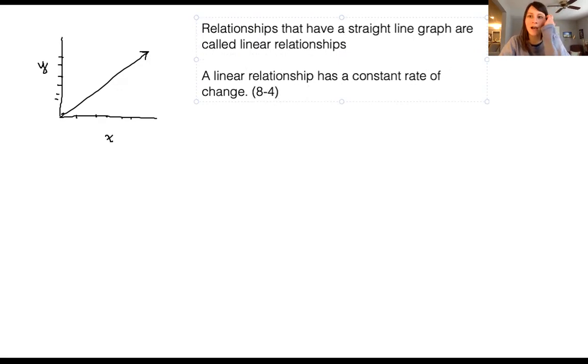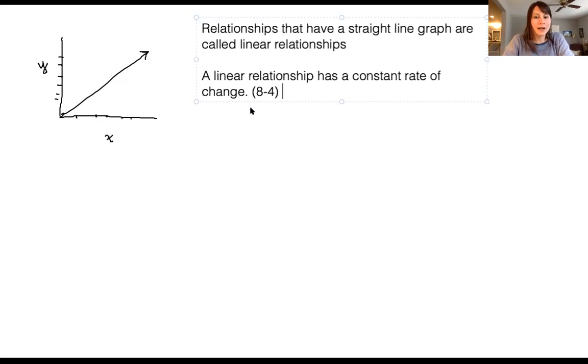And then we looked at slopes, how we can also describe the rate of change as a slope. And we looked at that in lesson 8.6. So coming back to this one, we see that a linear relationship has a consistent slope, or a consistent rate of change.